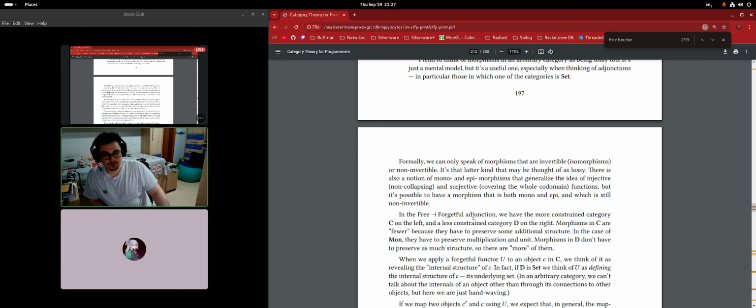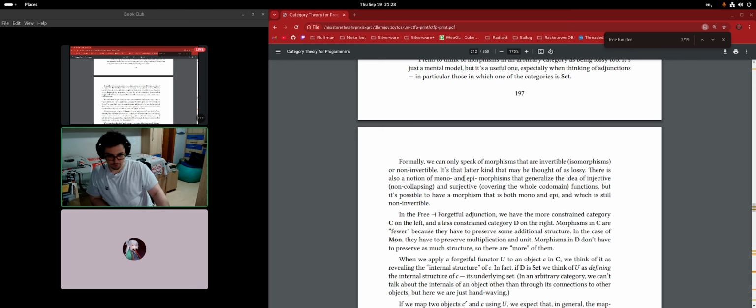There is also a notion of mono and epimorphisms, which I don't know what they are. I don't know if we read this before in the book. I think we may have, but I don't remember either. They generalize the idea of injective, so non-collapsing functions, and surjective, covering the whole codomain functions. But it's possible to have a morphism that is both mono and epi, which is still non-invertible.